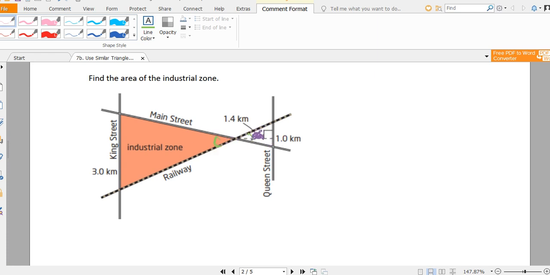So I know that these two angles are the same. Let's label the triangles A, B, C. Let's call this EF. Okay, so I know angle ABC is the same as angle FBE.